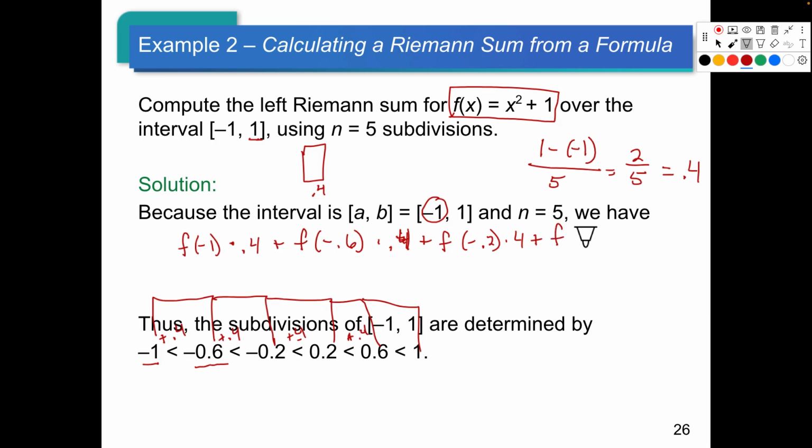See, it's just tedious, right? F of 0.2 times 0.4. And then the last one, so how many do we have? We've got 1, 2, 3, 4. The last one will be f of 0.6 times 0.4. Okay. How do we get all these y values?